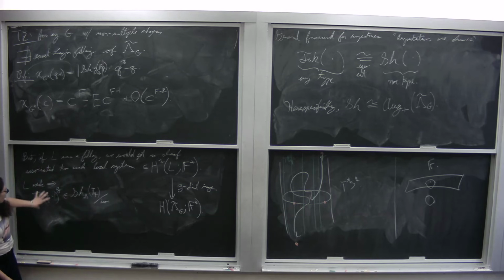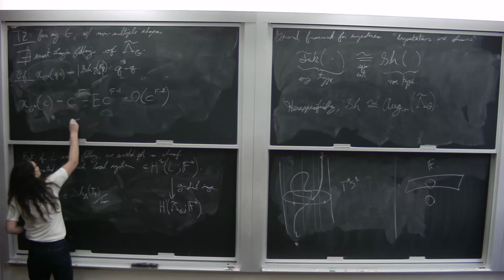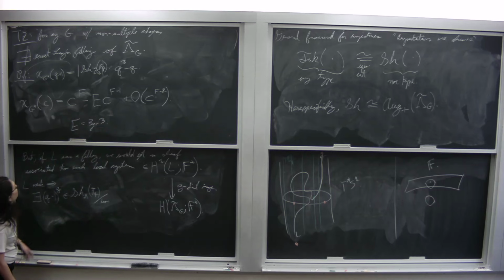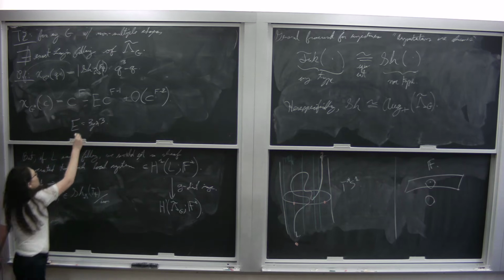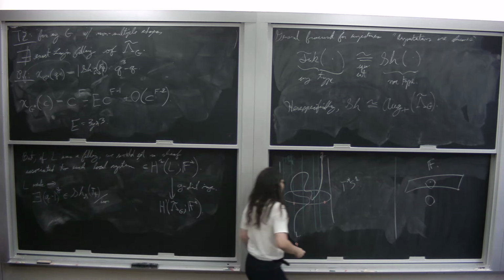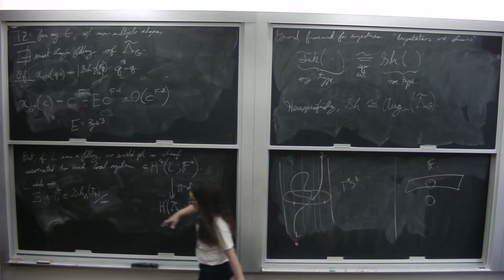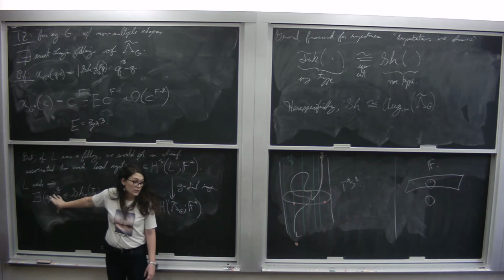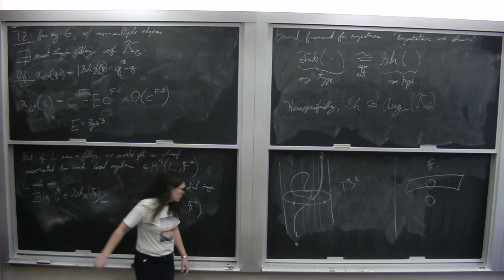And basically you compare this to this, notice that E is equal to 3G minus 3. Sorry, 3G plus 3. And you get a contradiction there. Basically, you would have to have too many different colorings for large Q. This is the problem.